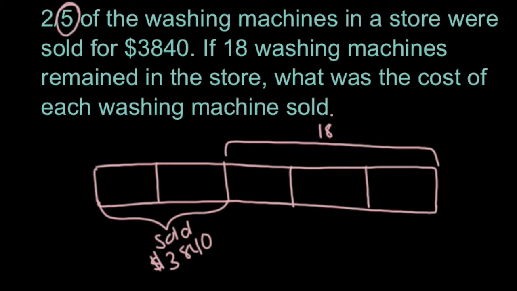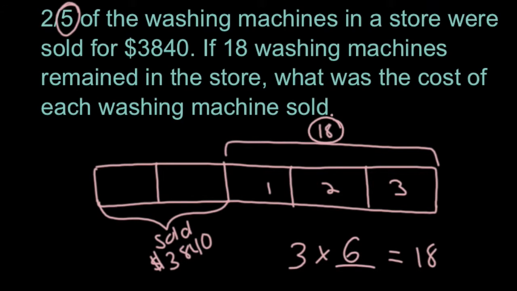I have to ask myself, currently I see only 1, 2, 3 parts. And I need 18 parts to show 18 washing machines. So how am I going to turn these 3 parts into 18 parts? So you have to think, 3 times what number equals 18? Well, to solve that, we would need to put a 6 as our other factor.